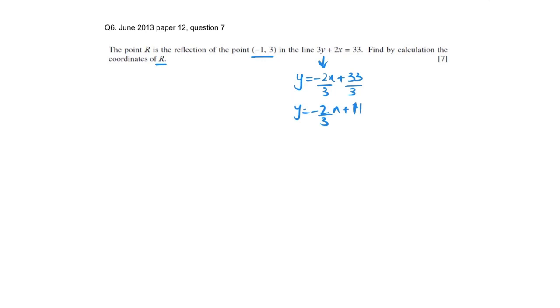So basically this is a line with a decreasing negative gradient. Minus 1, 3 is this point, for example, and the reflection of this point would equally be apart over here, such that the distance between this point and R and this point and minus 1 comma 3 is the same.